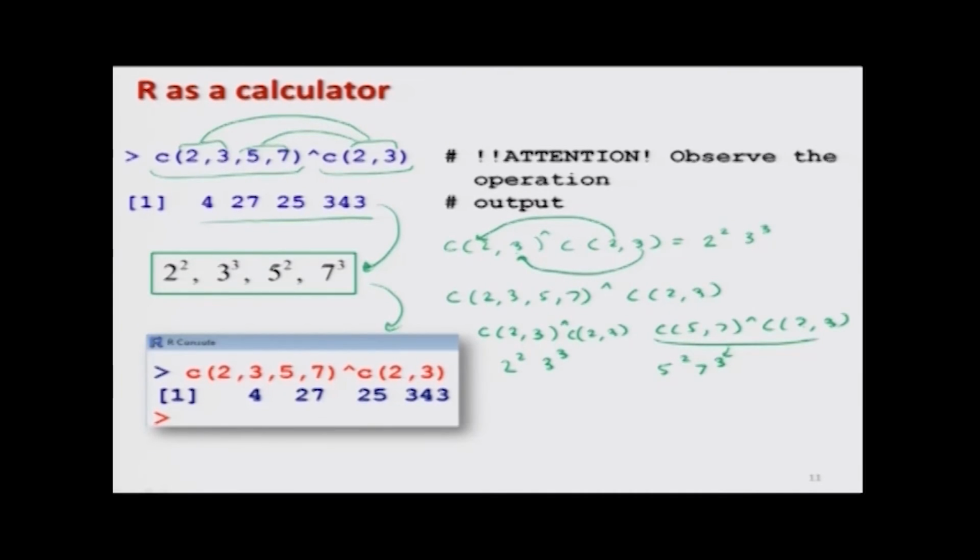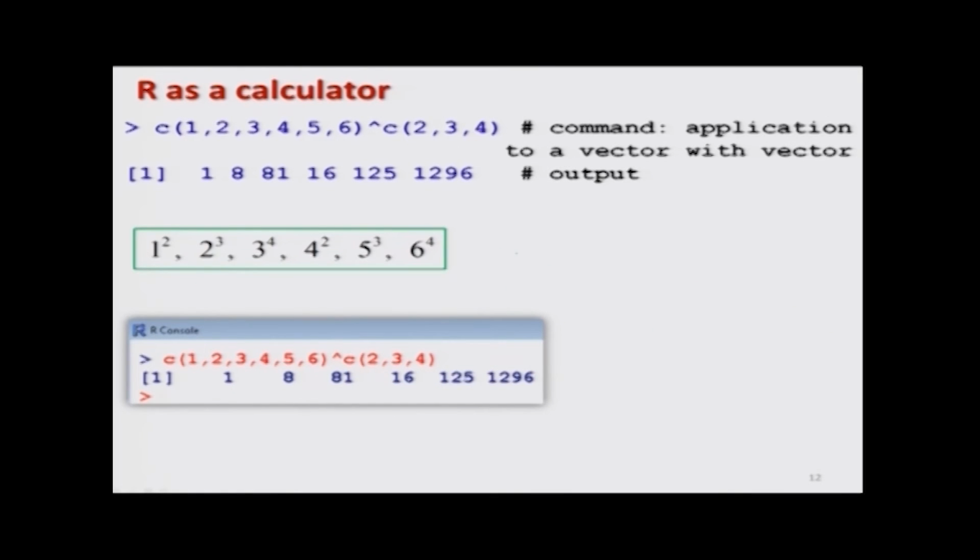Now, let us take a more complicated example and see what happens. Okay. So now I am taking here 6 values which are combined in a vector c, and these values are being raised to another vector that contains 3 values. So here we try to divide them in multiples of 3.